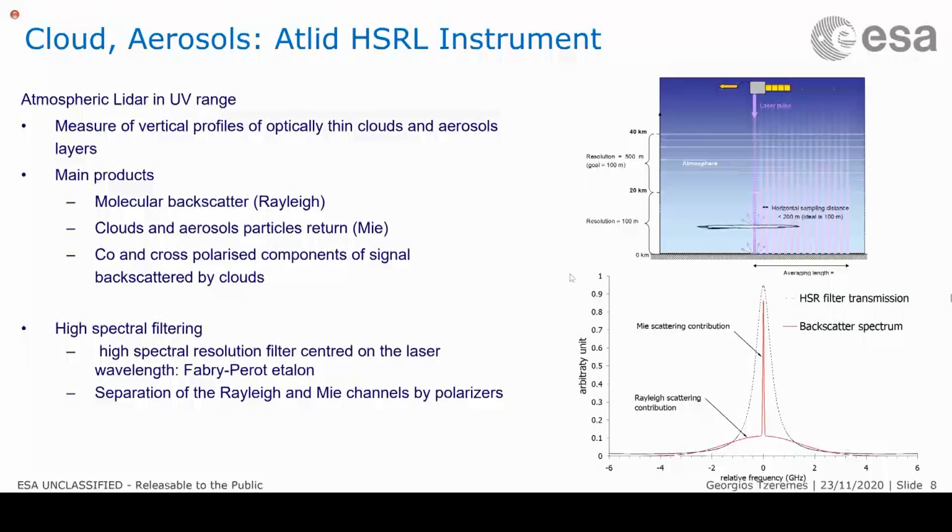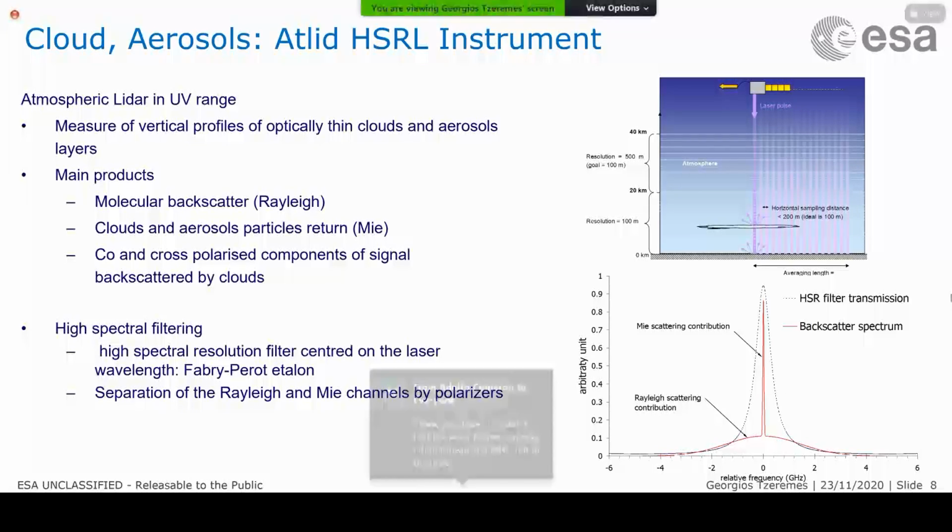So this is a cloud aerosol HSRL instrument. What we actually do is similar to what Adolfo discussed earlier. We have 3 main products. We have the molecular backscatter, which is the Rayleigh, and then we have the cloud aerosol particle returns with both the co- and cross-polarized components, because we use a Fabry-Perot etalon to separate the Rayleigh from the Mie, but then we use also polarizers to get the co- and the cross-polarized components of the backscattering of the clouds.